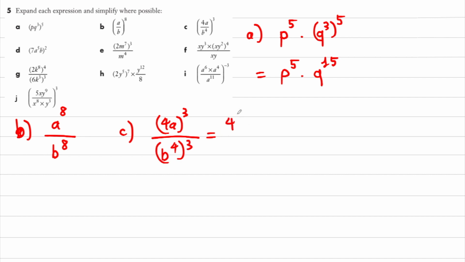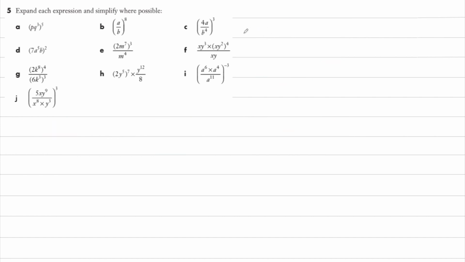Here 3 is outside this bracket, so I can apply cube to both base numbers. The first one is 4 to the power of 3 and a to the power of 3 here. And b in the denominator becomes to the power of 12 because 4 times 3 equals 12. For this one, you get 64 a cube divided by b to the power of 12, like this. That is question C. Yeah, A, B, C.